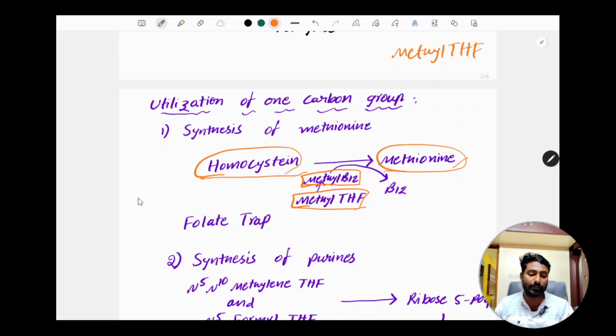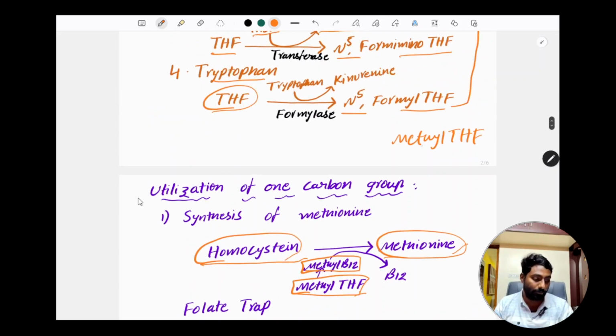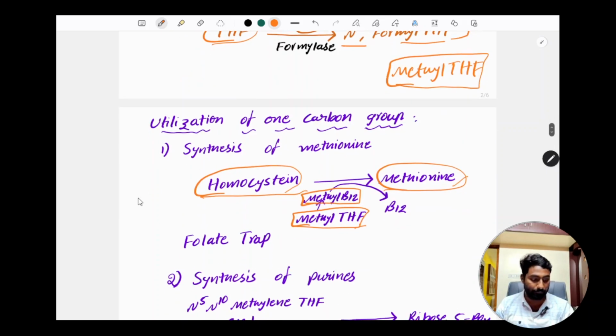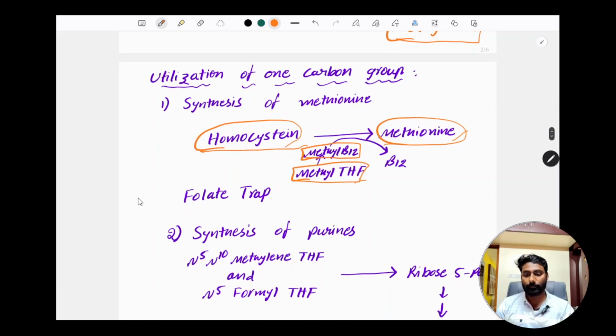So if there is any deficiency of B12, folic acid gets trapped in the form of methyl THF, because as we told, methyl THF cannot be converted into any other form. Got it, students? So vitamin B12 deficiency will lead to folate trap.